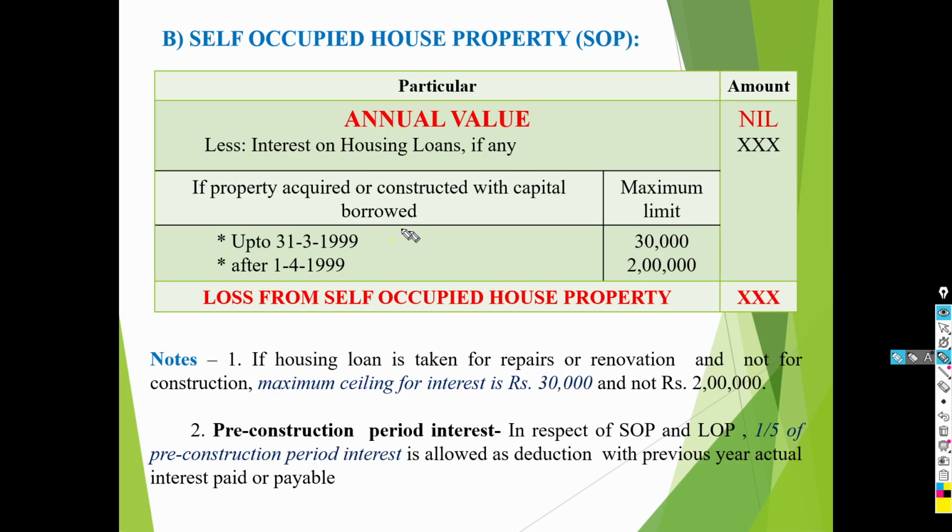And if that particular property is acquired or constructed with capital borrowed after 1/4/1999, the maximum limit for deduction is extended up to rupees 2 lakh.